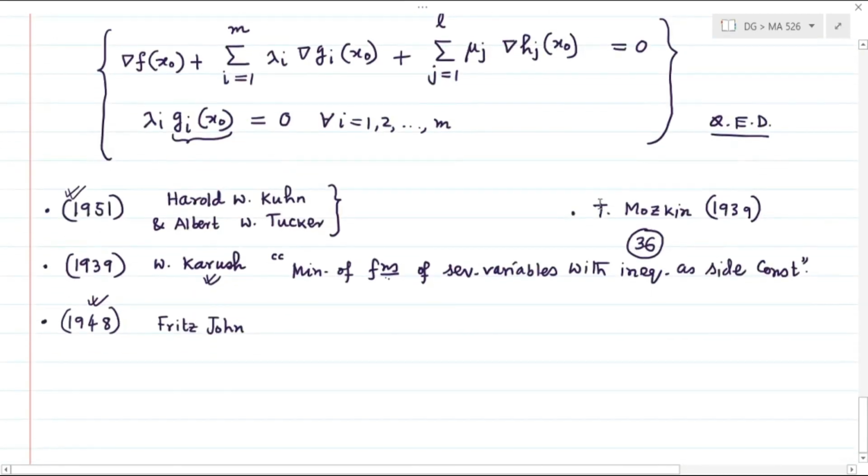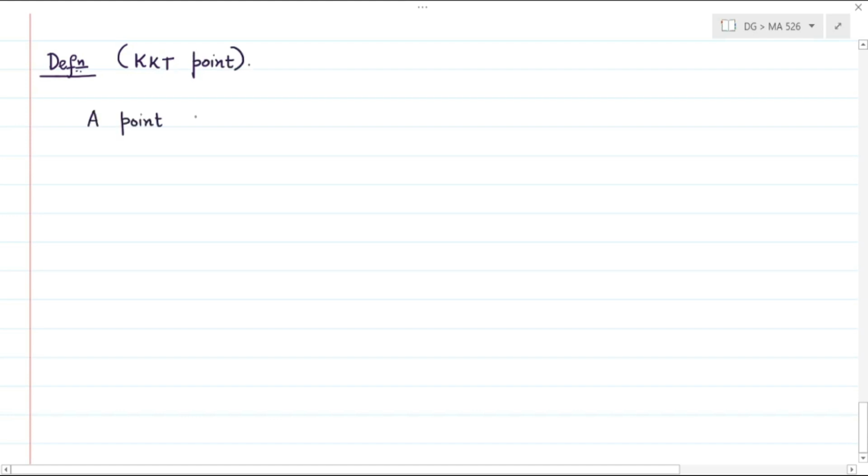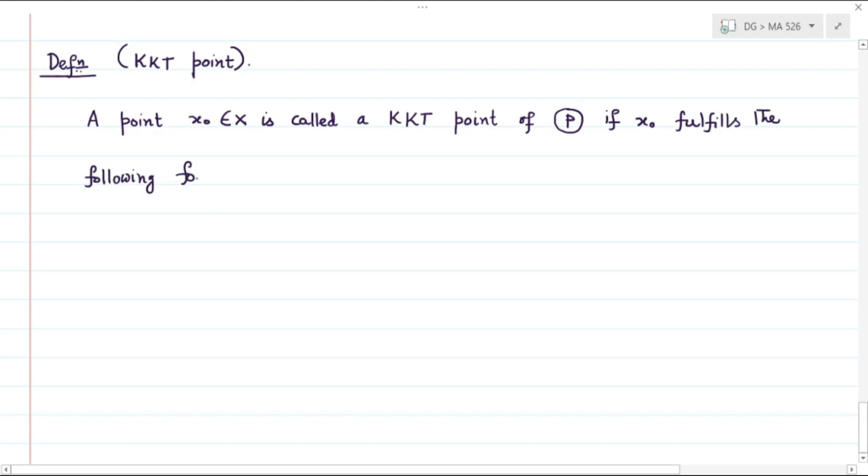Fine. Now several definitions are in place. These are the following that we will define here. Definition: a KKT point. A point x0 belonging to capital X is called a KKT point of the problem P if x0 fulfills the following four conditions.